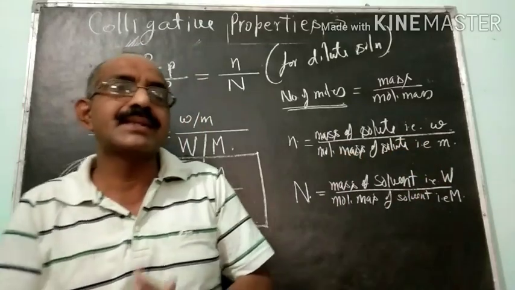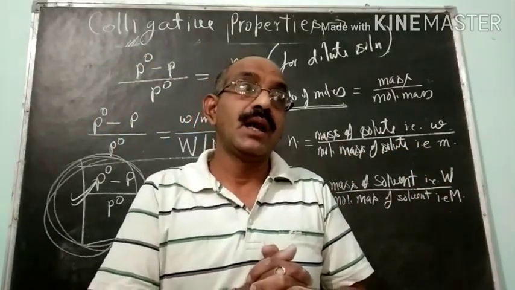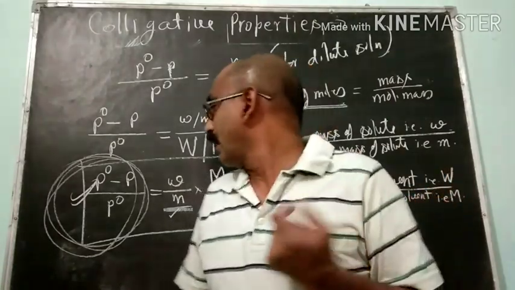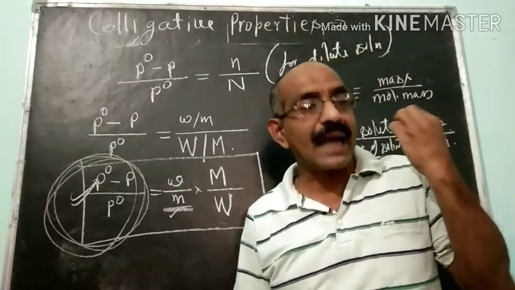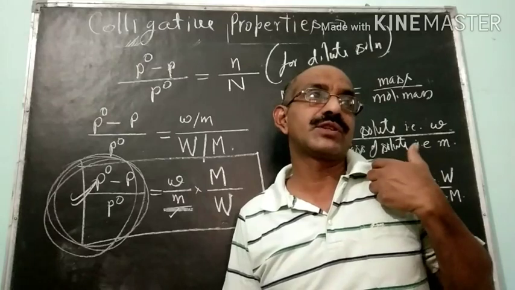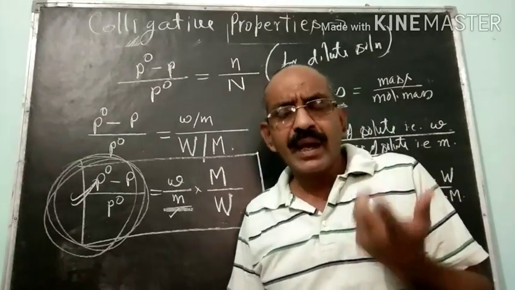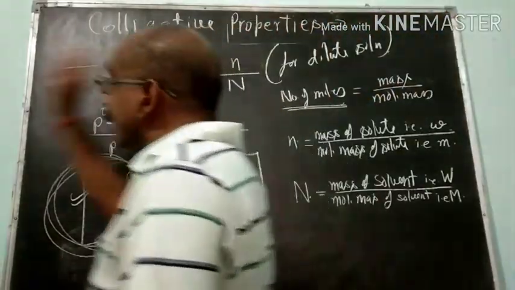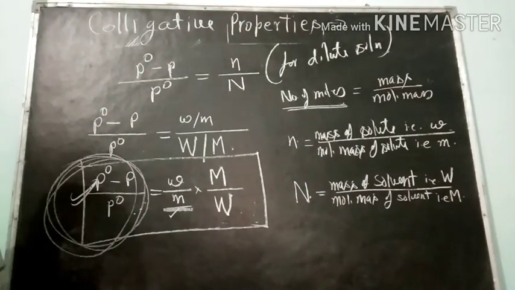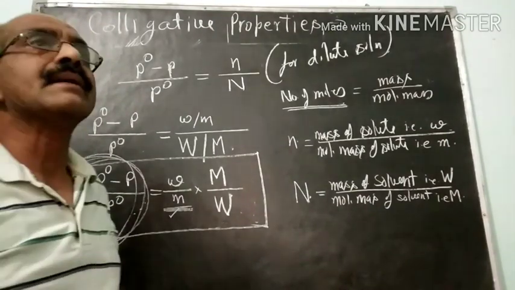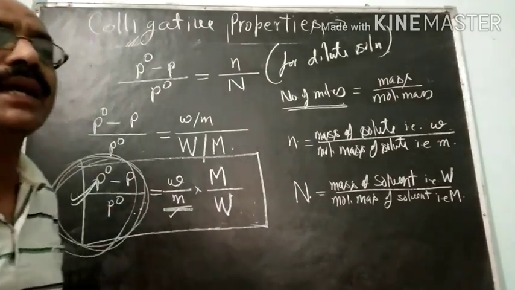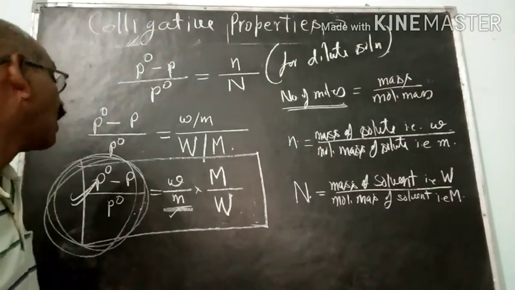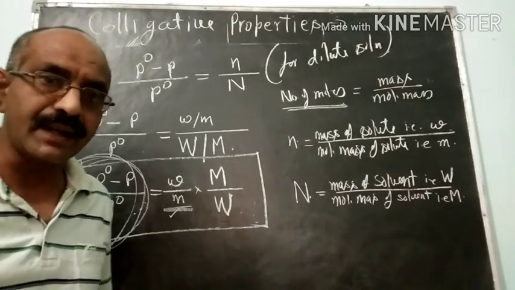These are a number of other methods by which we can calculate the molecular mass of solute more easily and more accurately. That's why this method, meaning the relative lowering in vapor pressure method, is not frequently used to determine the molecular masses of the solute. Is it clear?